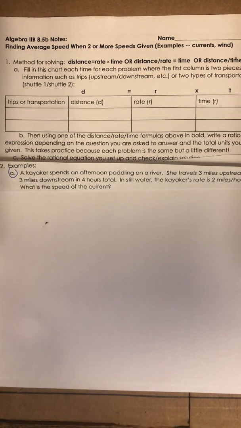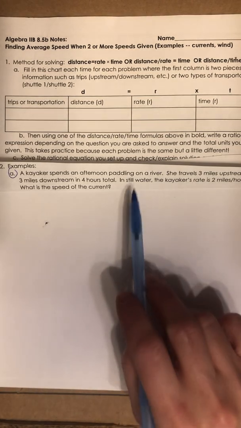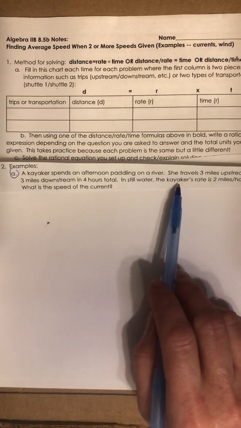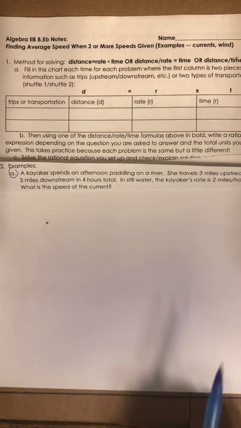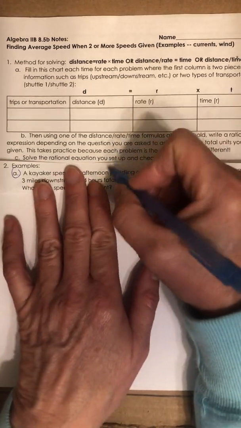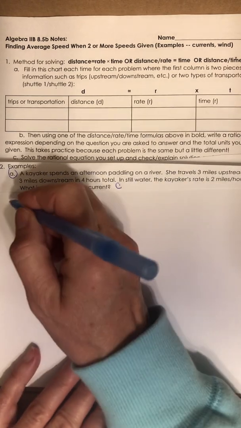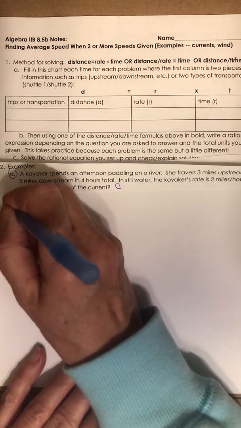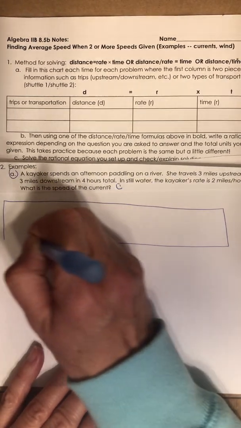I'm assuming it takes her longer to go upstream than downstream because she's working against the current upstream and the current is helping her downstream. Now in still water, the kayaker can paddle at 2 miles per hour on her own. They're asking what is the speed of the current, of the water. Let's call that C.